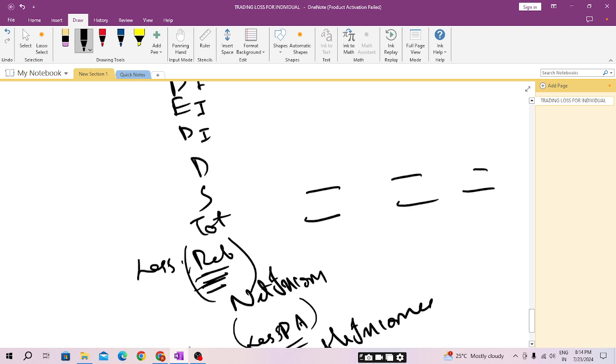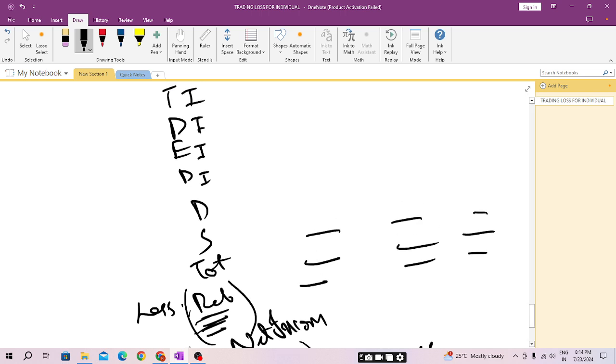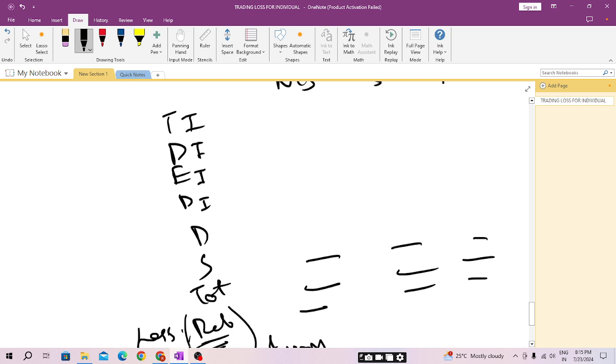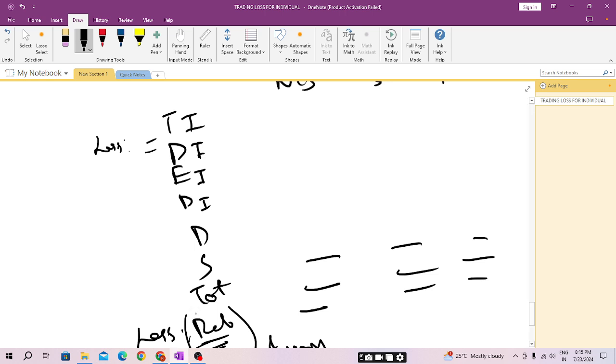This is the relief. Here we will mention the relief, but students, this is for the current year, against the total income. Whenever we are setting the loss relief by carrying it forward, we need to mention it here, because whenever we carry forward a loss, it will be set off against the trading income and profits only. So the format is clear.